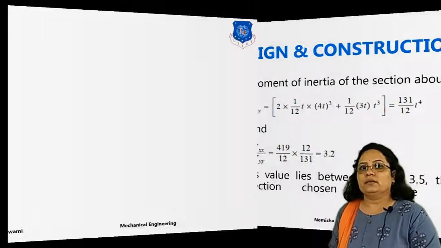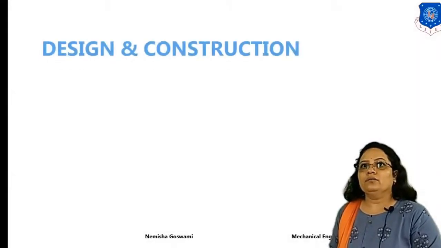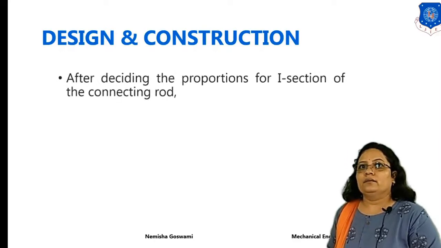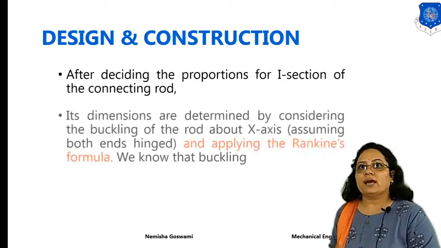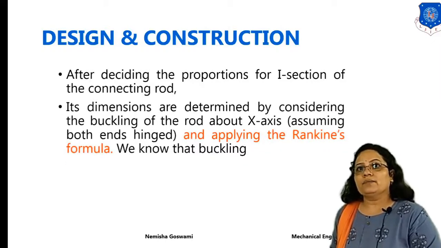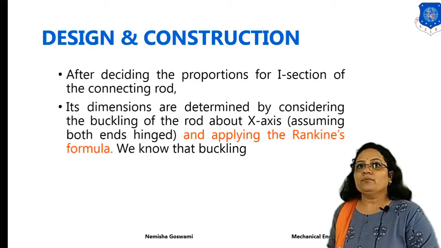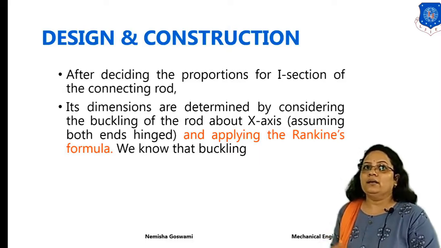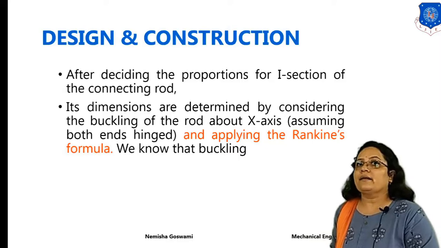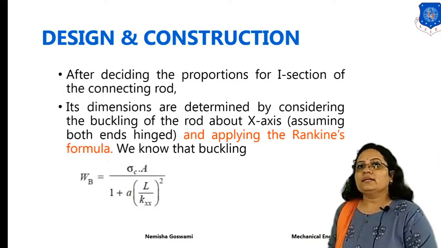Okay, so this is your fundamental. After deciding the proportions or different parameters for the I section of the connecting rod, you have to find out the dimensions by considering the x-axis and applying the Rankine formula. So what is the Rankine formula?